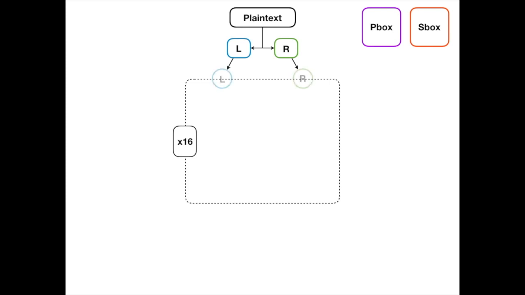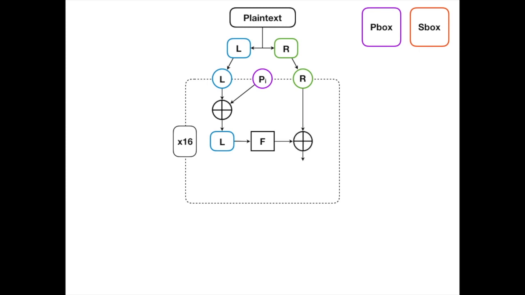We take L and then XOR it with Pi, the value in the P box at our current index. We then take R and XOR it with a function of L. So what is this function?